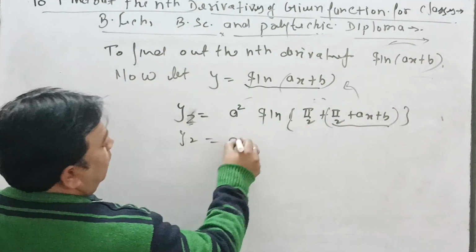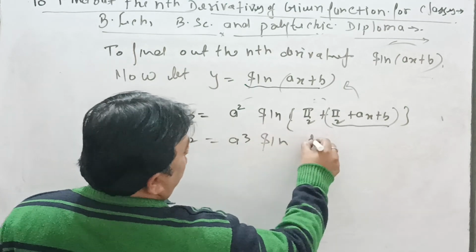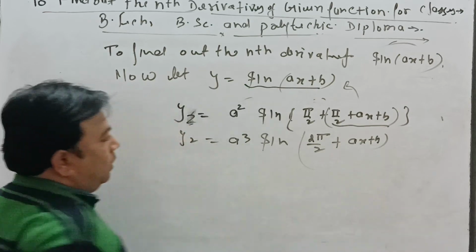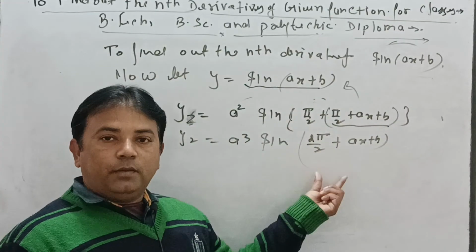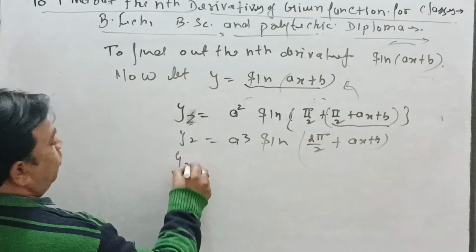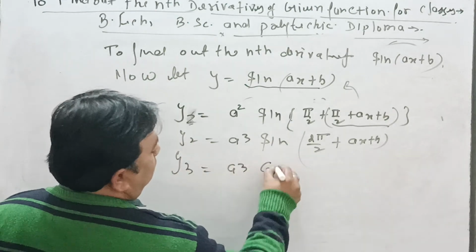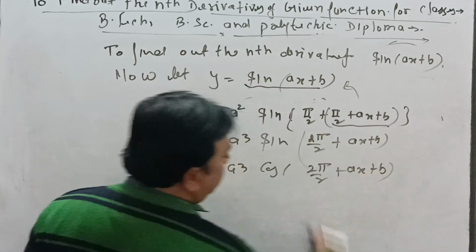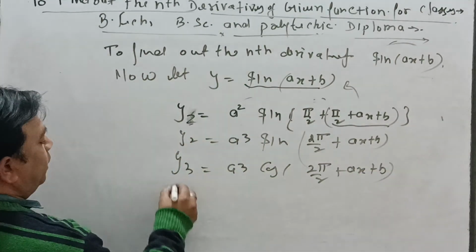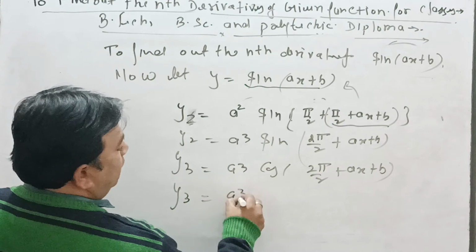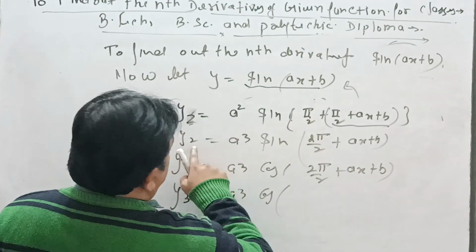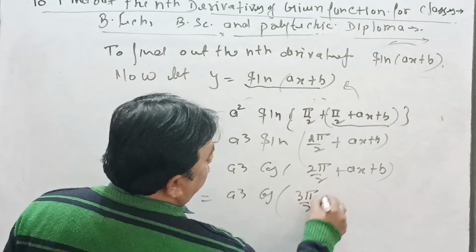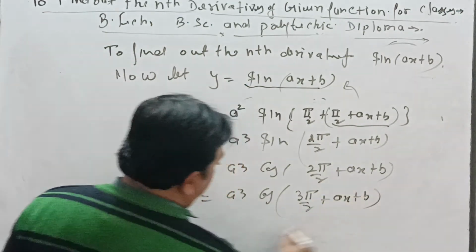So y2 = a square sin(2 pi/2 + ax + b). Pi/2 added to pi/2, again for y3 we get a cube sin(3 pi/2 + ax + b). Second time differentiation gives 2 pi/2, third time differentiation gives 3 pi/2, of this ax + b.